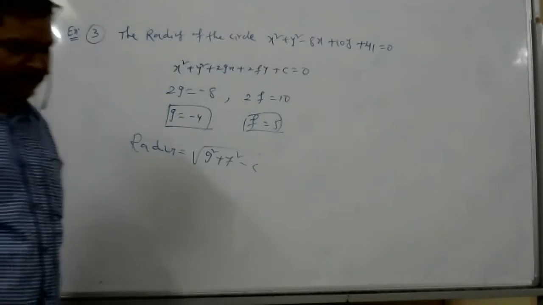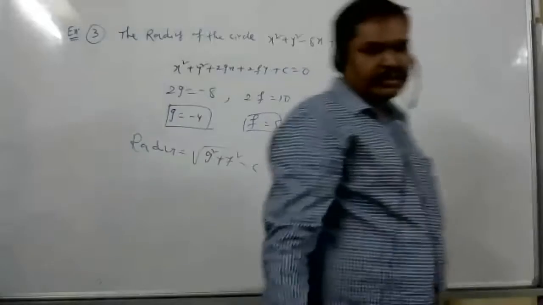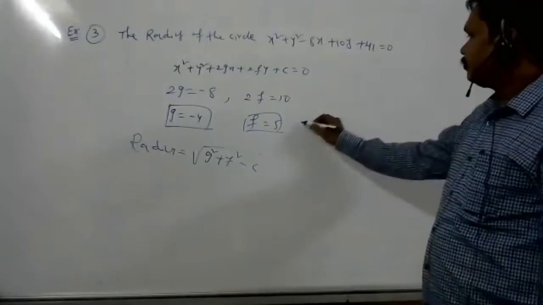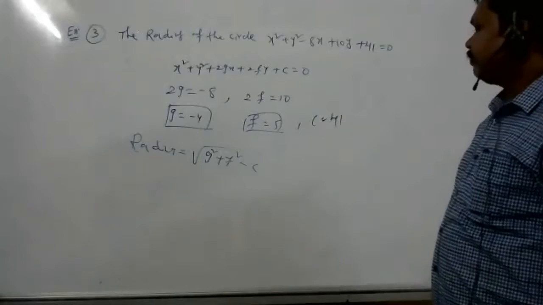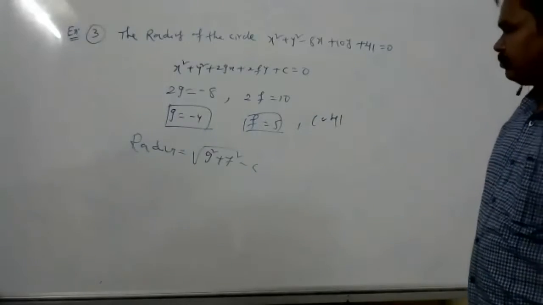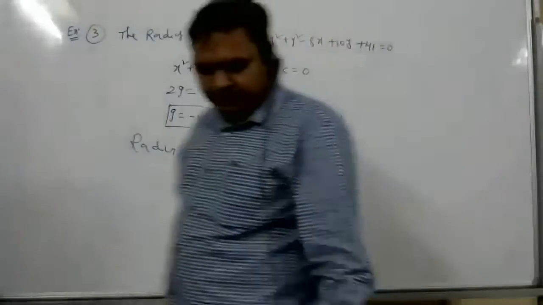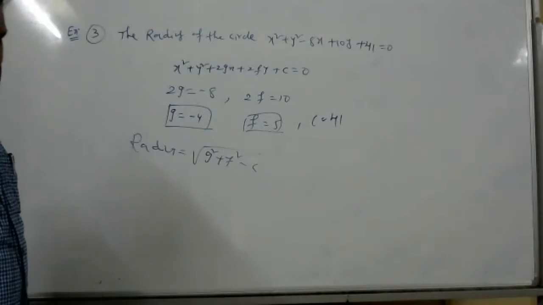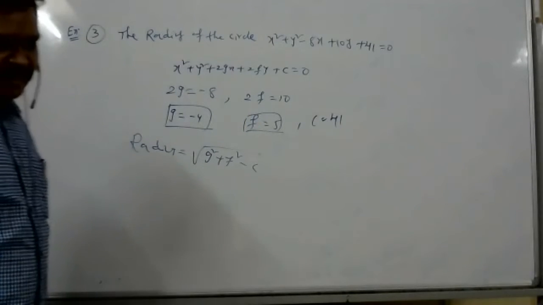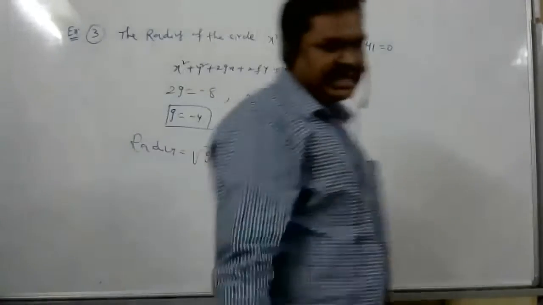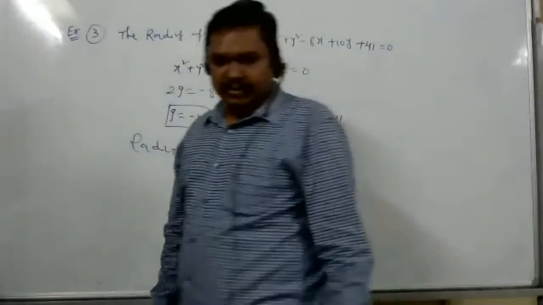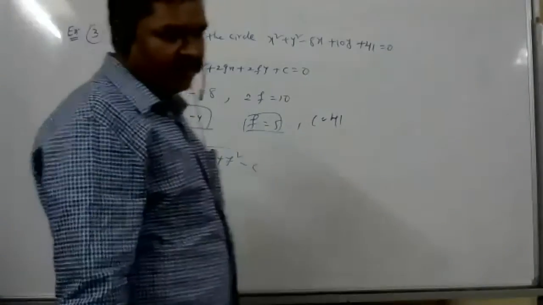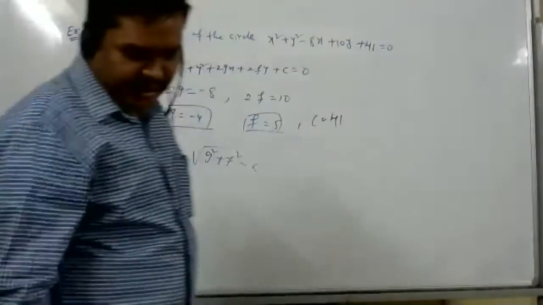Then substituting c is equal to 41, the radius is 0. r is equal to 0 represents a point circle. Note down: point circle.